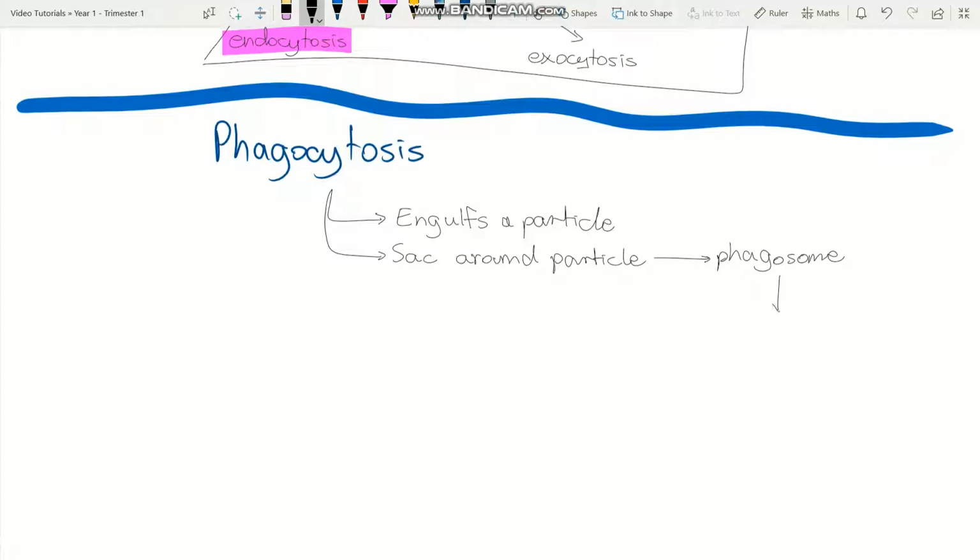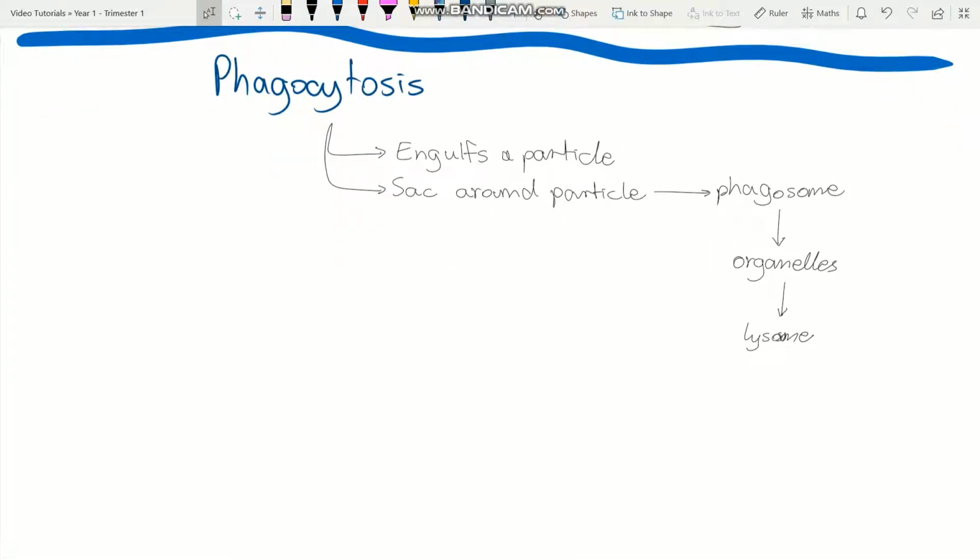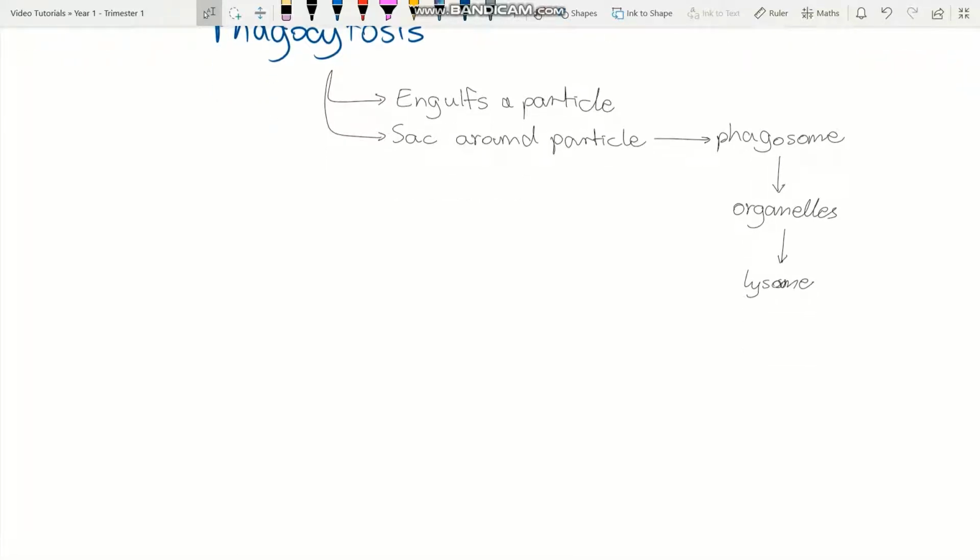And it can also link with other organelles within the cell in order to have a specific action on the particular particle. This may be, for example, with a lysosome, if the particle has to be broken down. So, phagocytosis. This process is seen in, for example, neutrophils.